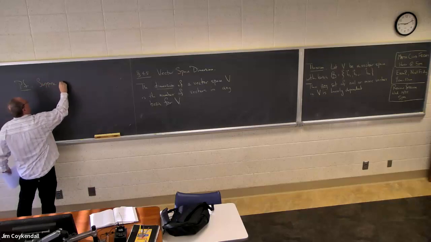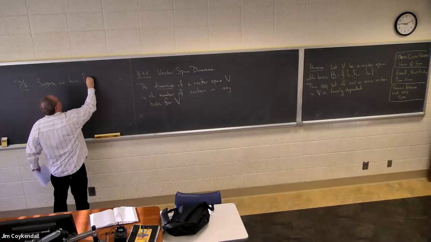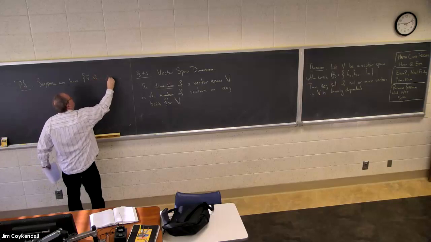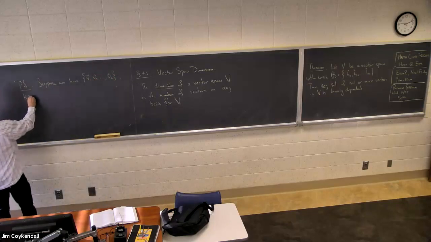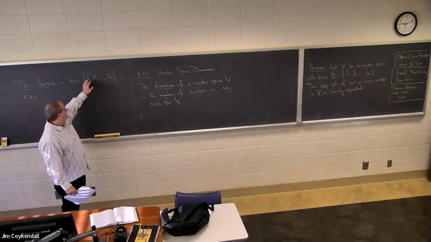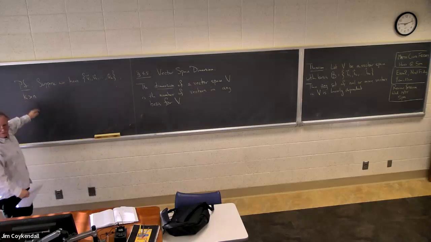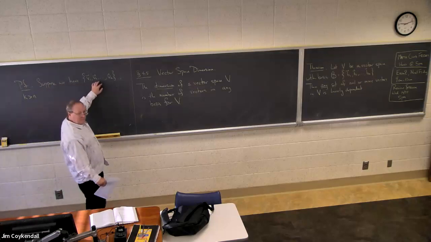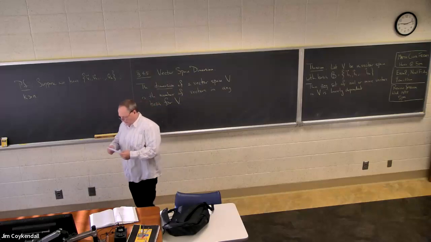Suppose we have k vectors, V1, V2, up to Vk, with k bigger than n. So what I've done is I've picked more vectors than the dimension of the space. I claim that these vectors have to be linearly dependent. Now, how do we show this?